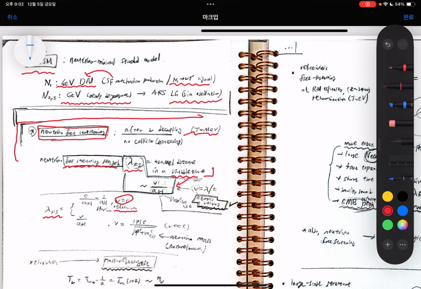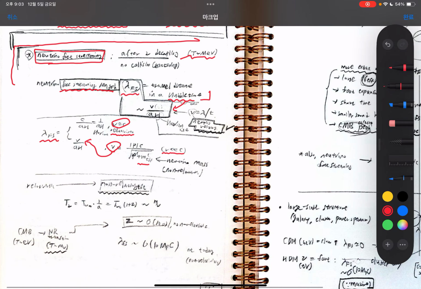But for the non-relativistic neutrino, there will be the mass effect. The velocity becomes smaller than the speed of light, and now the velocity contains the effective neutrino mass term. So in the numerator, there is a v with the mass dependence.